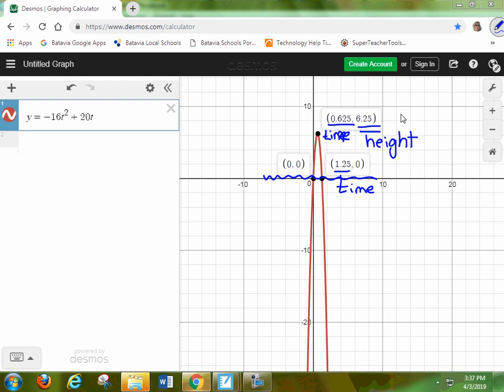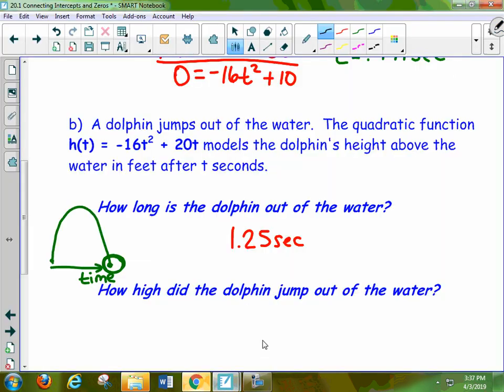So in this case, that dolphin got to a height of 6.25 feet. Okay. So make sure we understand when these questions are asking for height, we have to make sure that we understand: is the question asking for the vertex or is the question asking for our zeros?